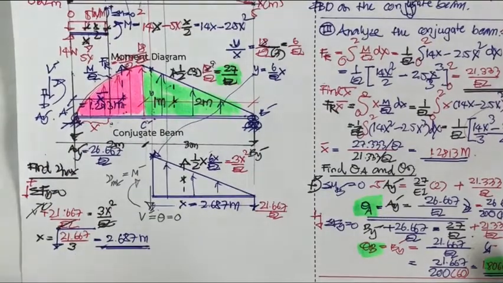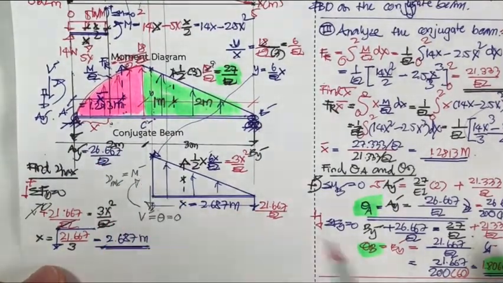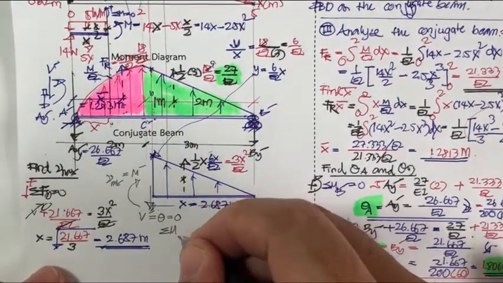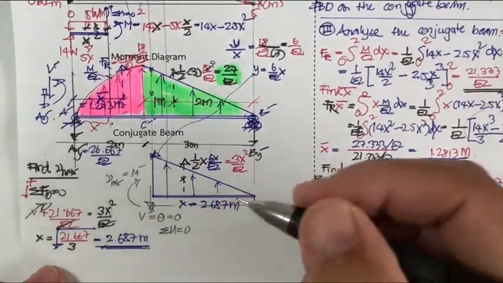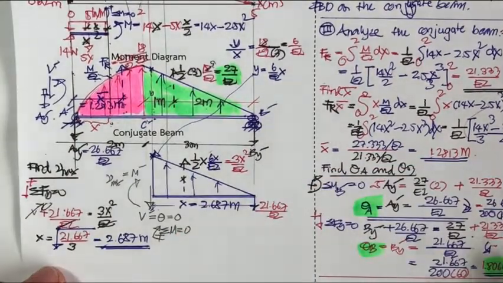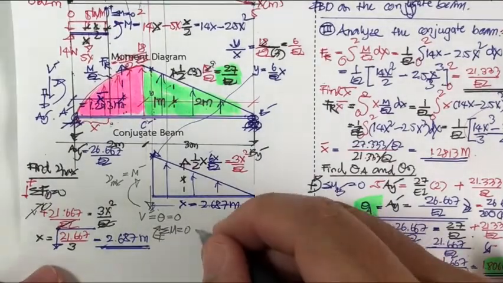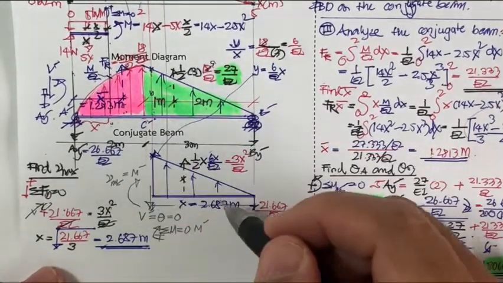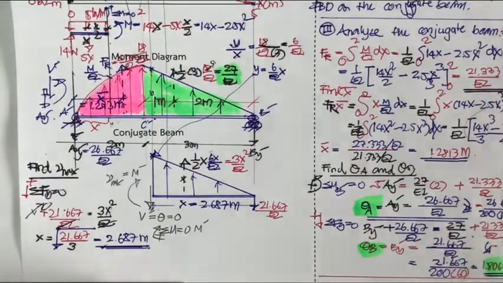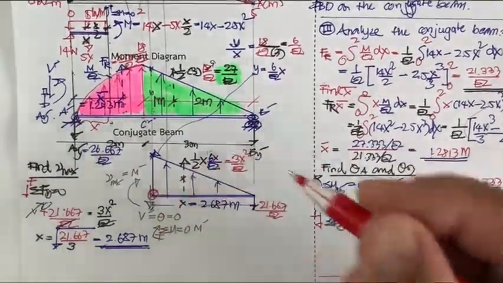Now you're going to determine V max. That means summation of moment equal to 0. This one is positive, so you have this one for M prime like this, and 21.667 is going to be in the same direction. So you take moment here.